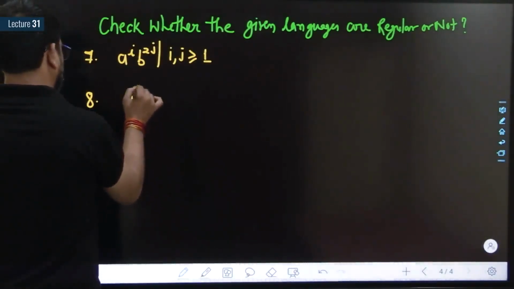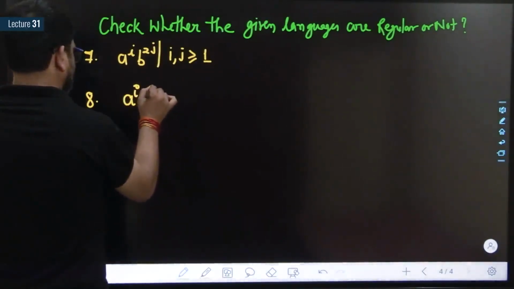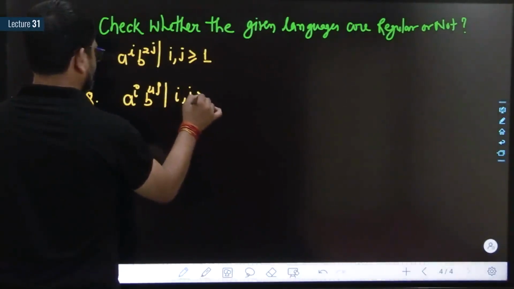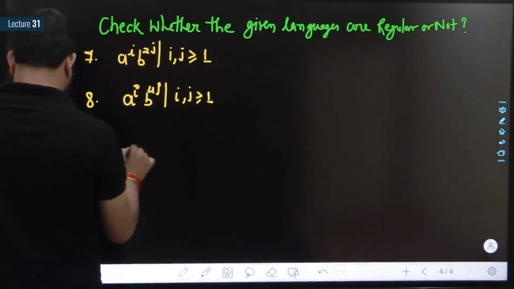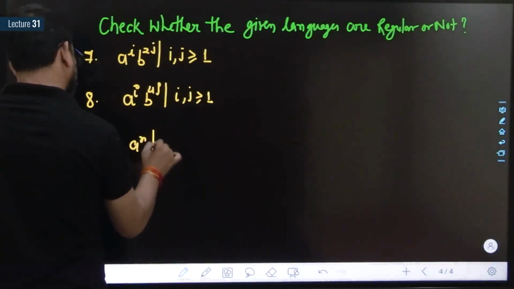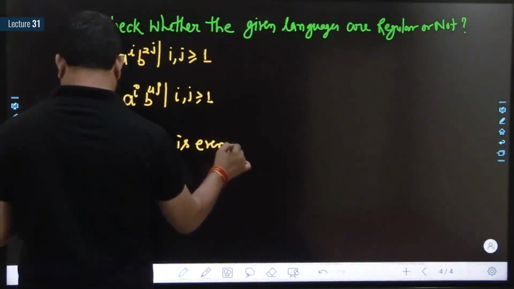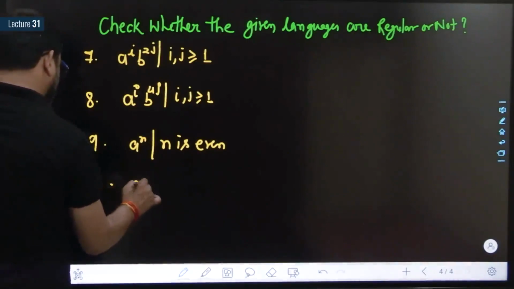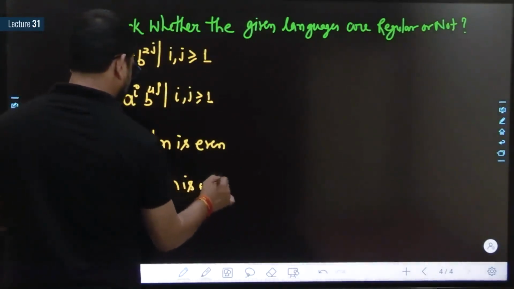A to the power i, B to the power 4j, i, j greater than or equal to 1. Next, A to the power n, n is even. Next, A to the power n, n is odd.